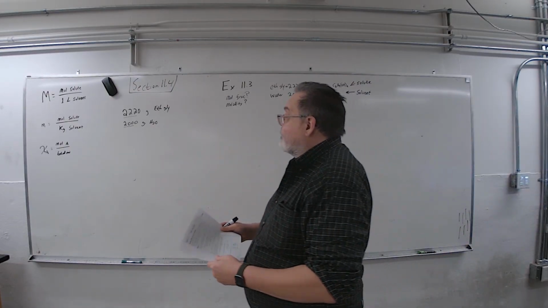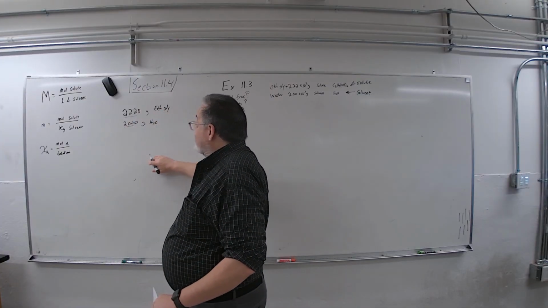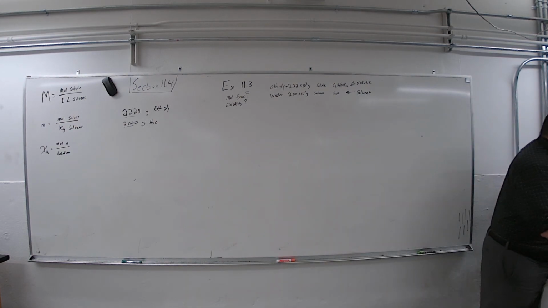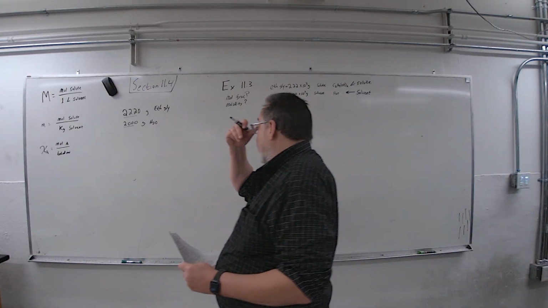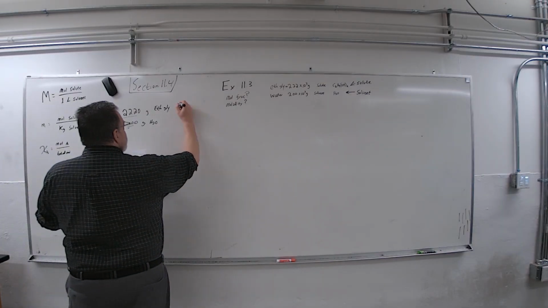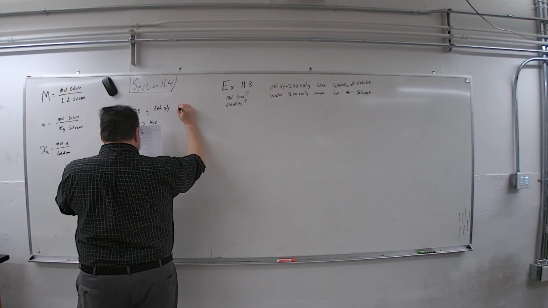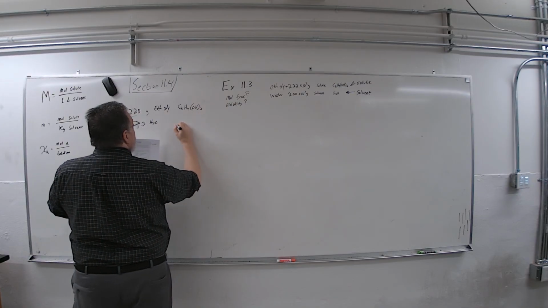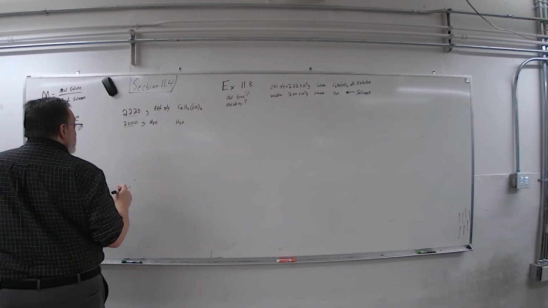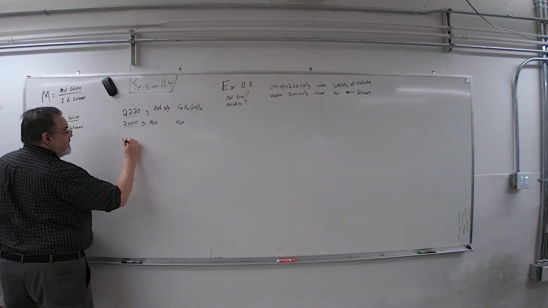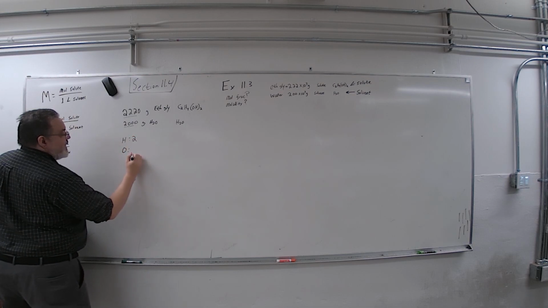So for mole fraction, we'll do this first, mole fraction. I need to know how many moles of ethylene glycol and how many moles of water. That's a pretty simple calculation. Ethylene glycol is, and water is H2O. So you already know how to do this. For H2O, the grams per mole is, there's 2 hydrogens and 1 oxygen.